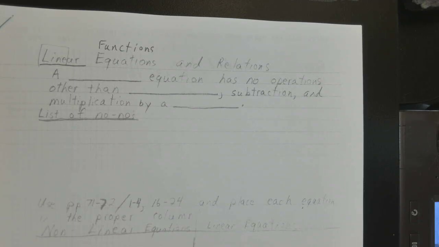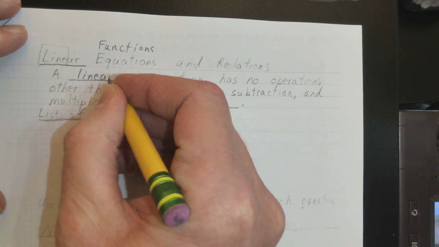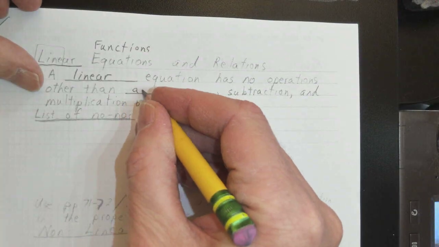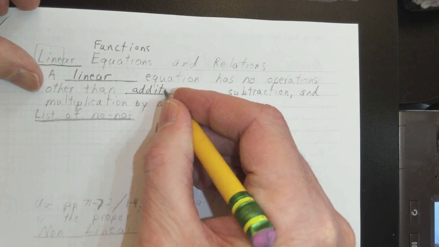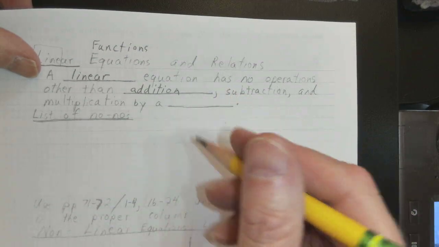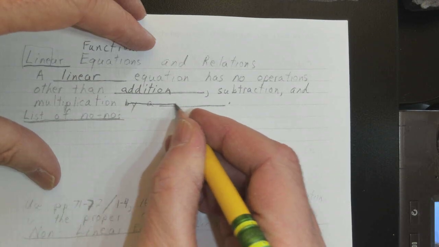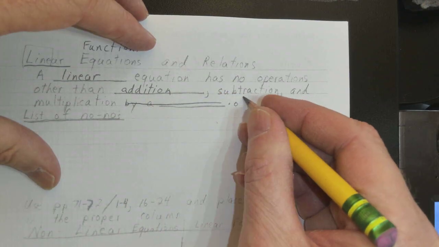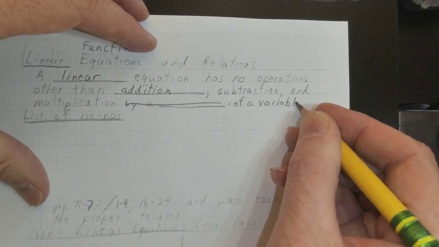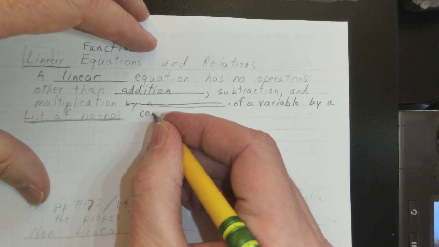Linear equations. All right. A linear equation has no operations other than addition, subtraction, and multiplication of a variable by a constant.